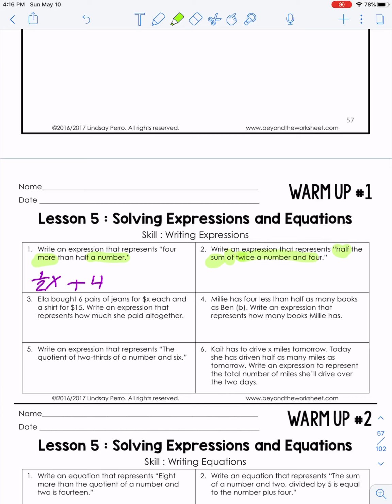So this of means that we have to add in our parentheses around twice a number plus 4 because we have to have that sum before we do half of it. So we take 1/2 times 2x plus 4.